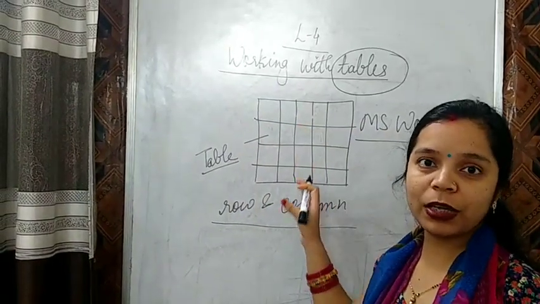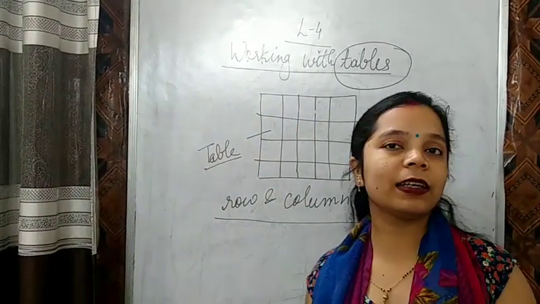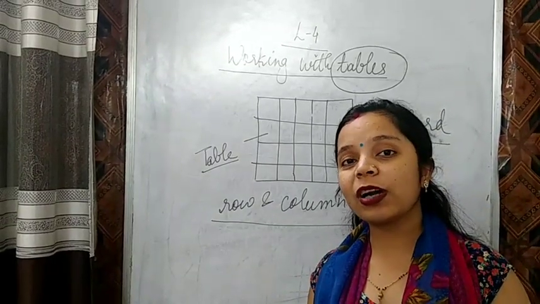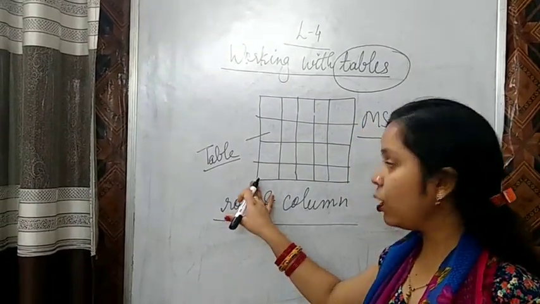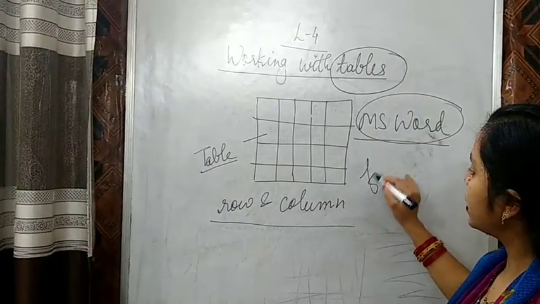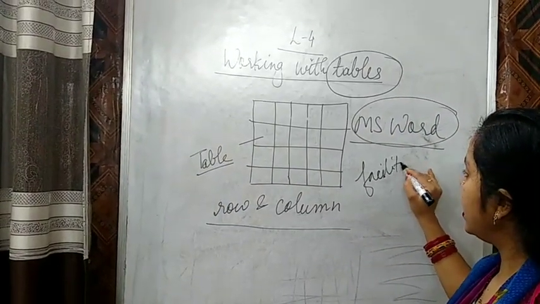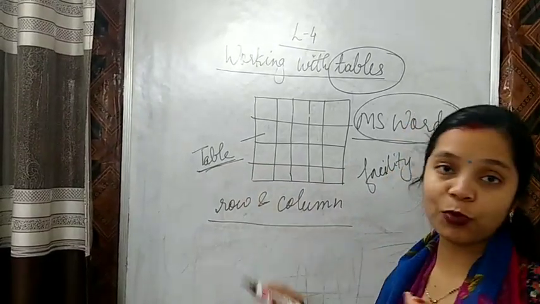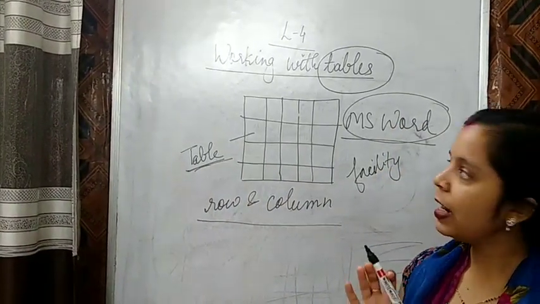Columns you have to make, rows you have to make, then you can enter the data. So if you want to organize any data in the tabular format, for that MS Word provides you one facility of creating tables.